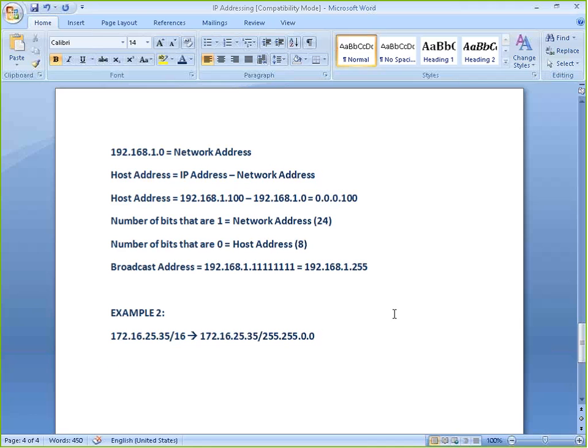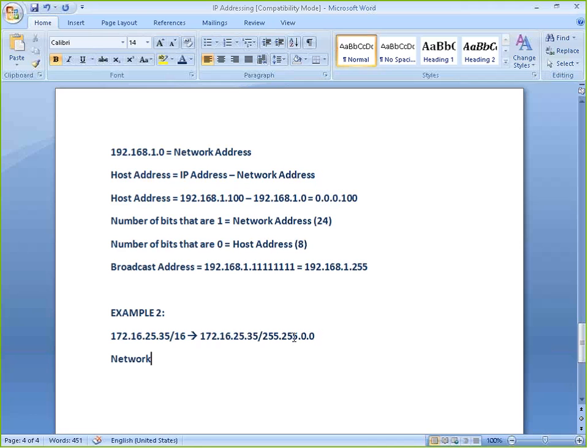The logic is, if I'm ANDing anything with 1, the resultant value is going to be the same. But if I'm ANDing anything with 0, the resultant value is going to be 0. That's the logic that we are supposed to follow. You understand?